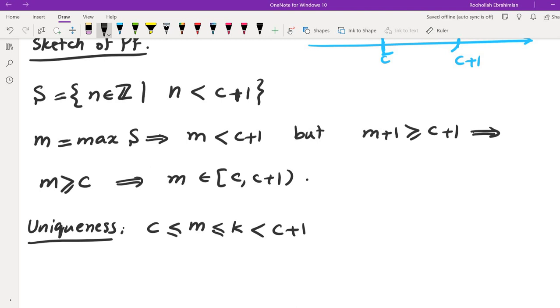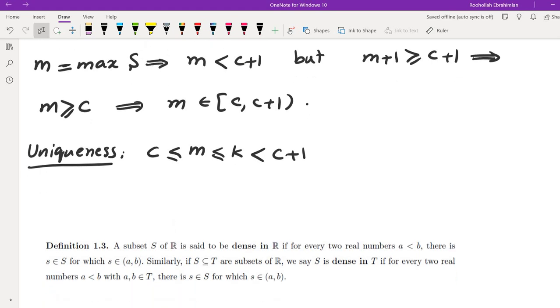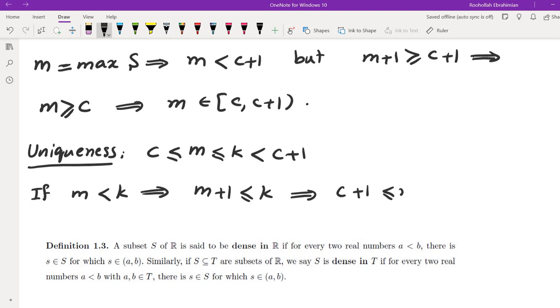But what we know is that between M and M plus 1 there is no other integer, which means if M were to be less than K, then M plus 1 would be less than or equal to K. But if that were to be the case, that would mean C plus 1, which is less than or equal to M plus 1, would be less than or equal to K. And that would mean C plus 1 is less than or equal to K, which is a contradiction.